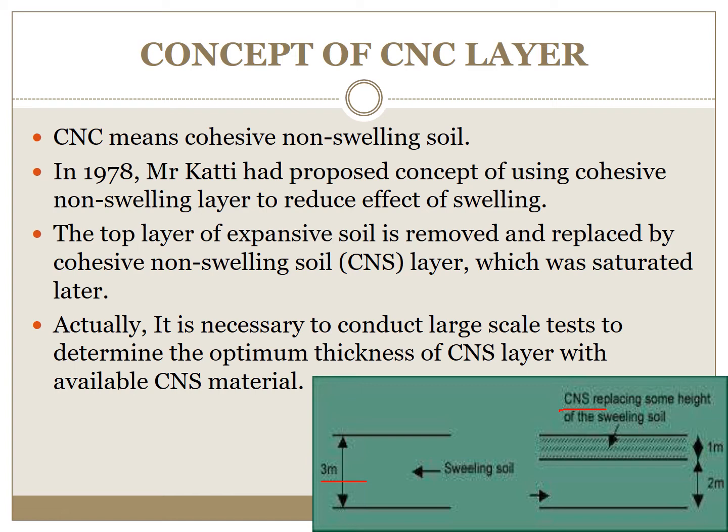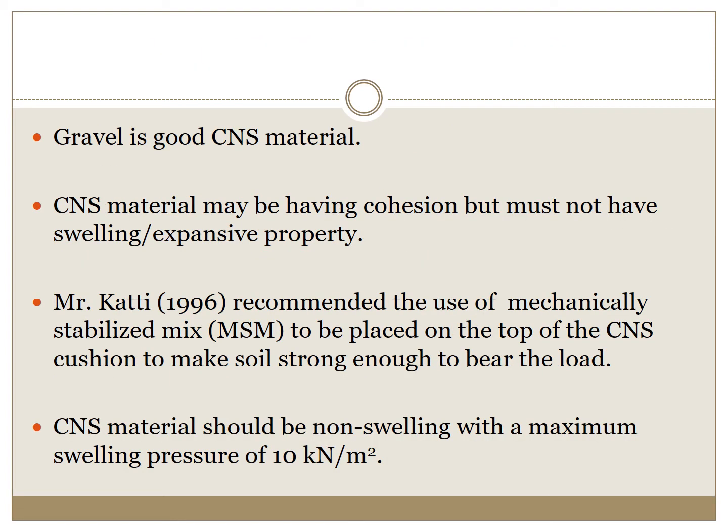Gravel is a good CNC material. CNC material may have cohesion but must not have a swelling or expansive property. Mr. Katti recommends the use of a mechanically stabilized mix to be placed on top of the CNC cushion to make the soil strong enough to bear the load.